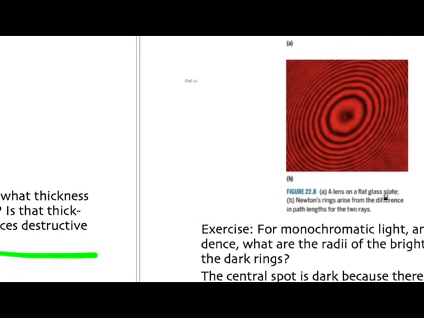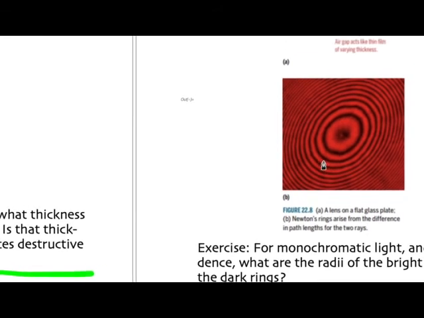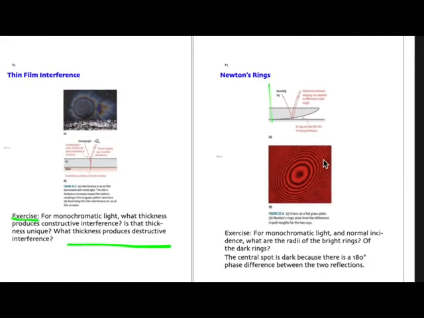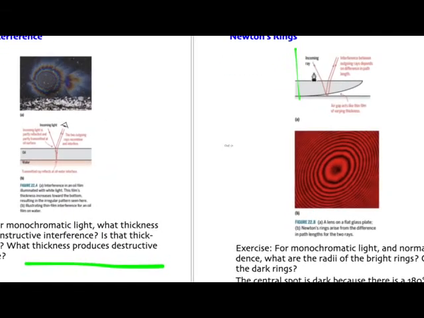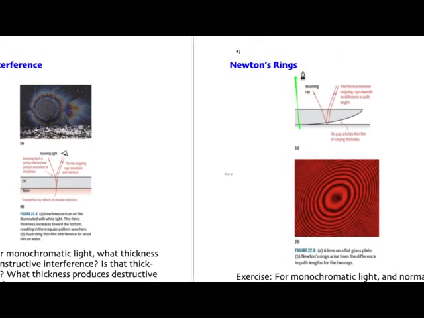A lens on a flat glass plate. Newton's rings arise from the difference in path lengths for the two exiting rays. The two rays that are coming back into your eye. You know, here's the source of light, the incident ray. Here's your eye, which is observing this pattern.